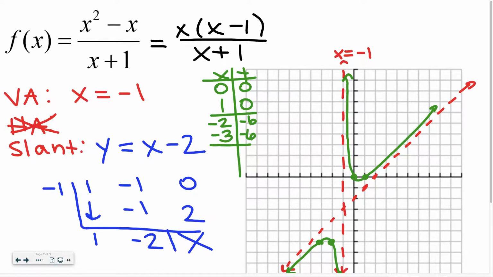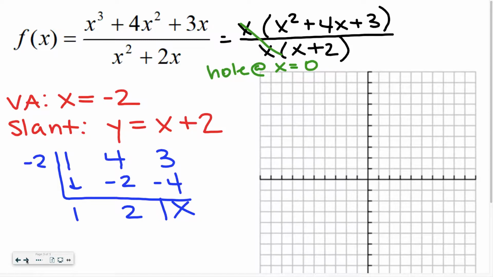Let's go to our second example. You should have this work on your page somewhere. Okay. Now what we did here is we factored an x out first, because they both had an x in common.